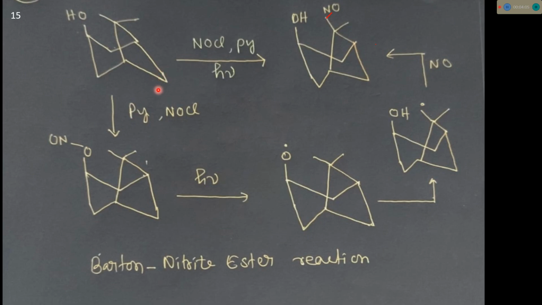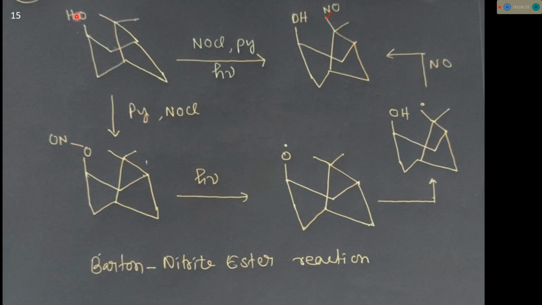That's why the NO group cannot be attached here. So this is the omega position. According to my opinion, the most possible correct answer is this. Still the NO group is attached at an omega position, but normally in the Barton nitrite ester reaction, the NO group attaches at the delta position.